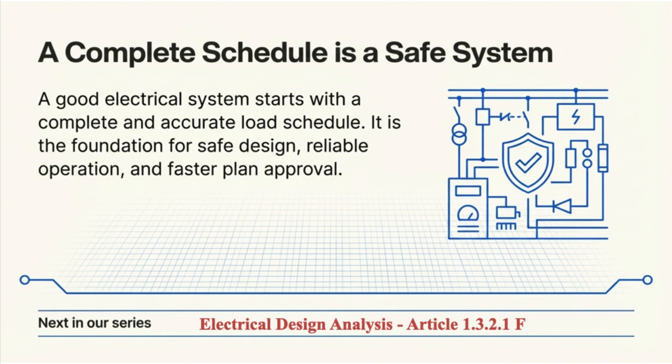Because after listing the loads, the next step is to verify whether the system is electrically and thermally safe. That is Article 1.3.2.1 Part F, Electrical Design Analysis, which will explain.